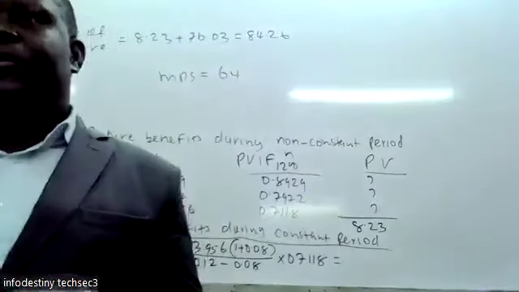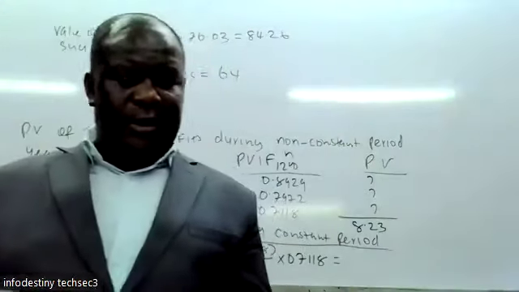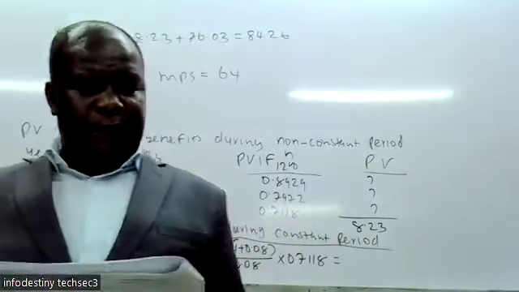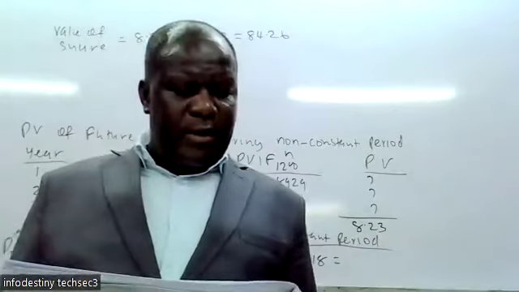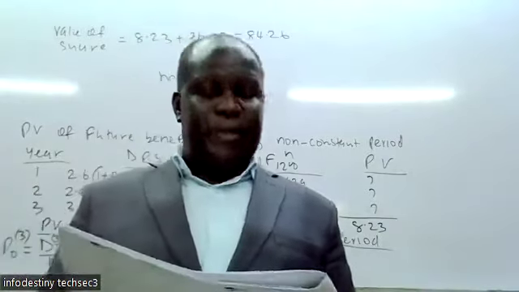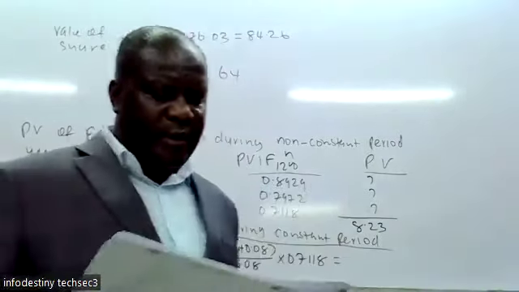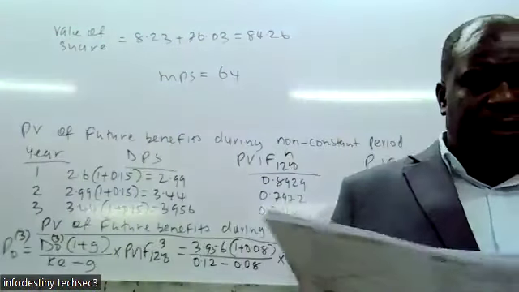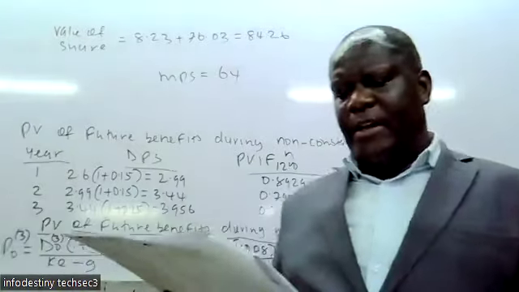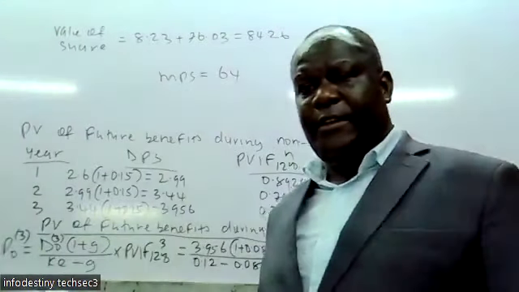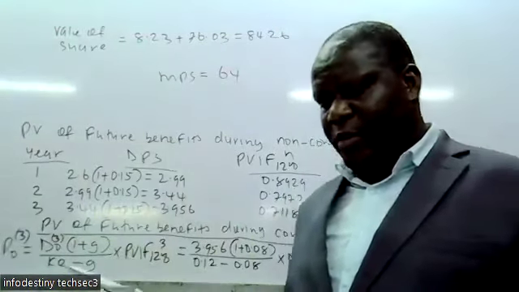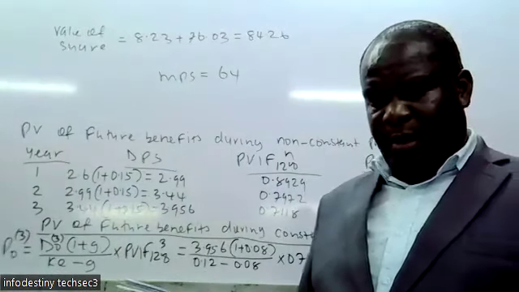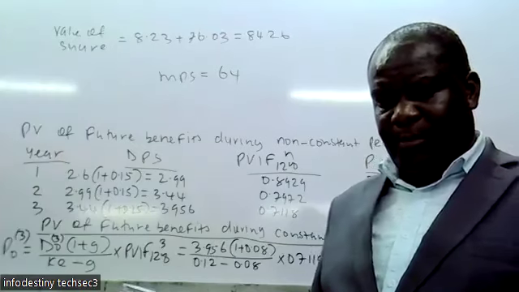So when you go through the question, they were able to give you the information. The ordinary shares of Quaker Limited are currently selling at 60 shillings each at the securities exchange. The price earning ratio is given as 6 times. Quaker Limited adopts a 40% payout ratio as its dividend policy.